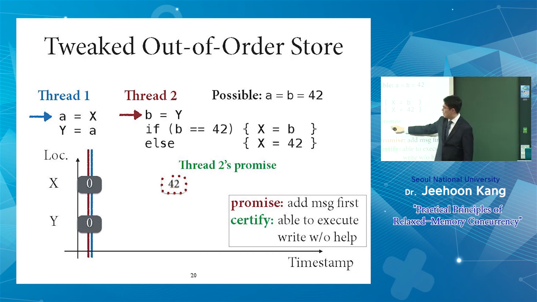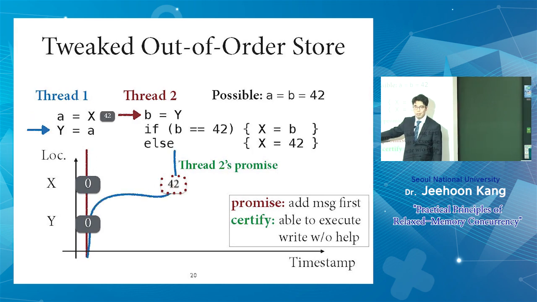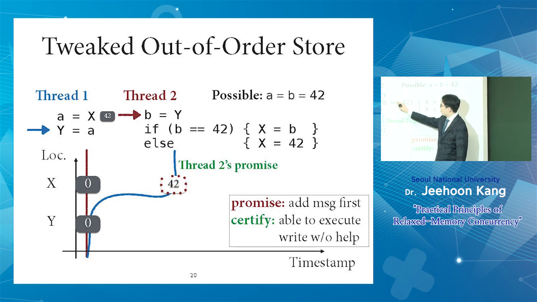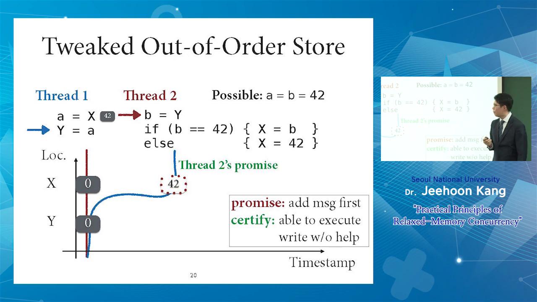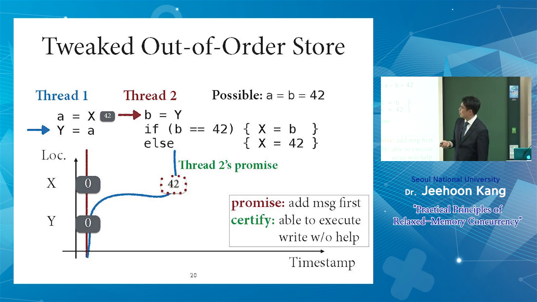This promise is basically certified, so the other threads can read from this message. This is the additional behavior that was impossible before: thread 2 is promising to write this message. Thanks to this promising message, thread 1 has more options, that is, reading 42 from X. After that, you can write 42 to Y.